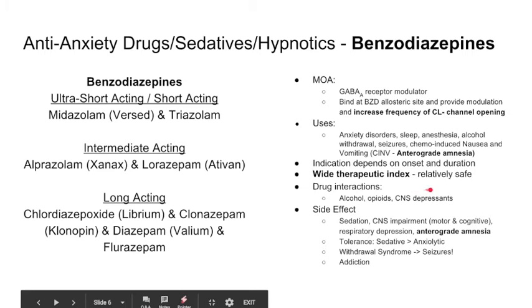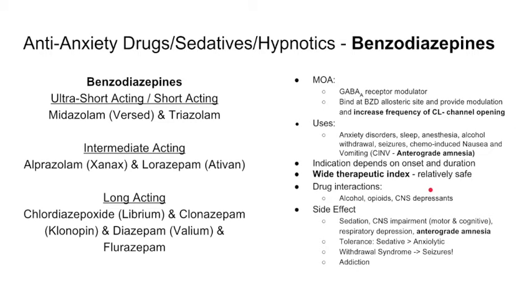There's a very wide therapeutic index, so these drugs are relatively safe. However, I don't want you to confuse that and think that these drugs are harmless. There's been a lot of stuff on the news. And the issue that we have with the benzodiazepines, which I'll talk about in the next few slides, is when they're mixed with different things like alcohol, opioids, and other CNS depressants, then they do cause severe sedation and respiratory depression.